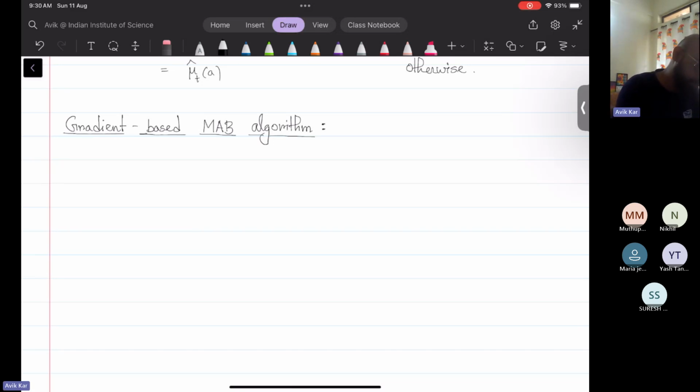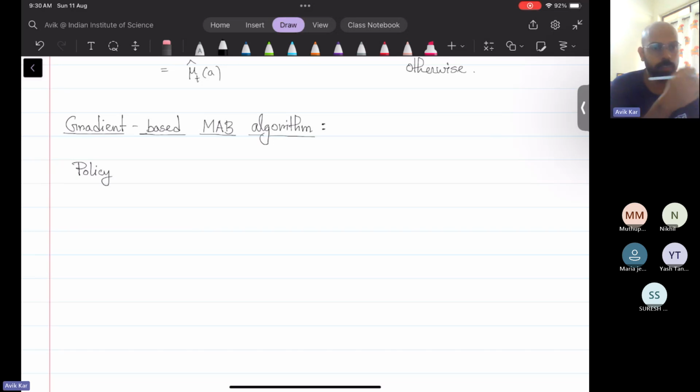Okay, so here the idea is your policy. Policy means that by which you are choosing your action: a probability distribution on the action space. That is your policy at time t. We have studied policy in the context of MDPs, but that is not what we are discussing here.